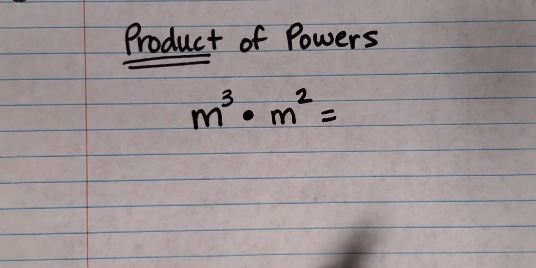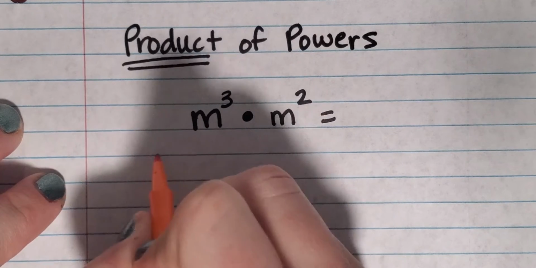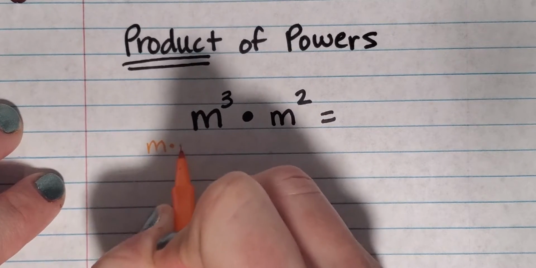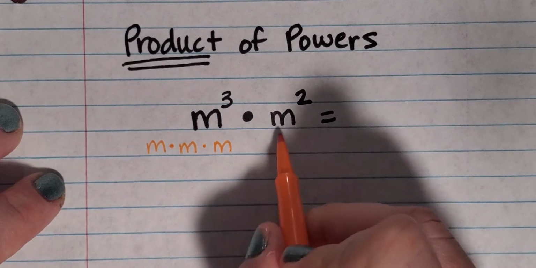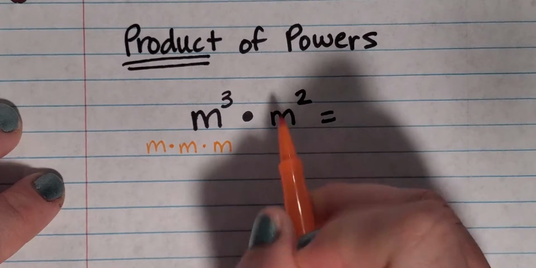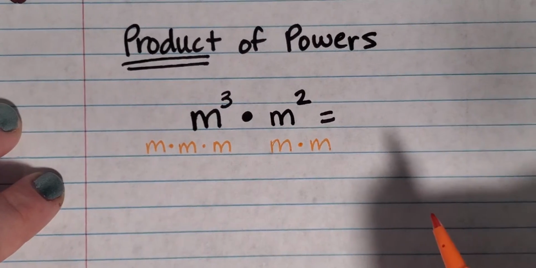So if I were to expand this out, that little exponent means how many times that base is being multiplied by itself. So m would be multiplied by itself 3 times. This m would be multiplied by itself twice, so 2 times.